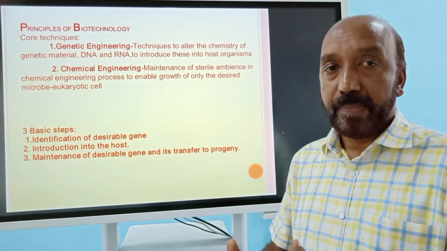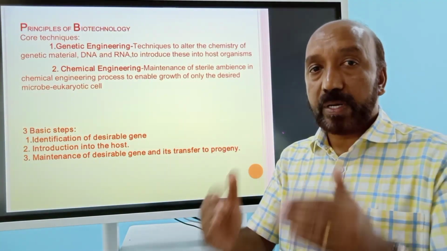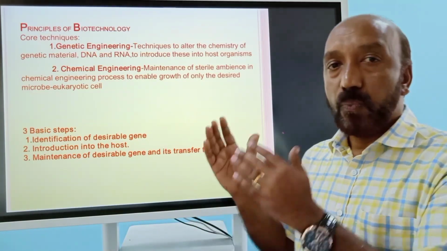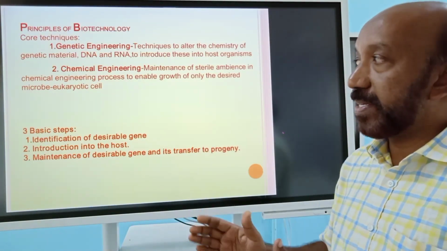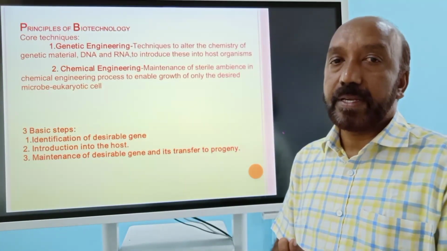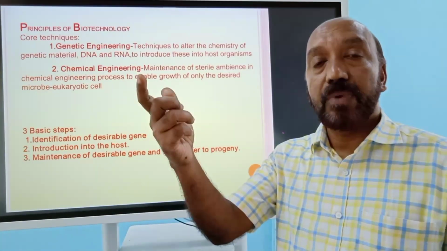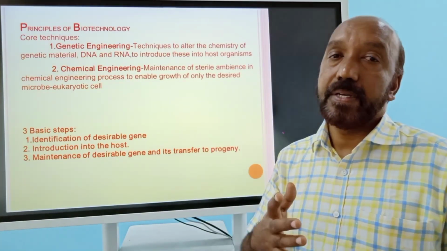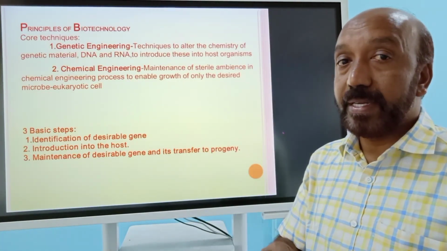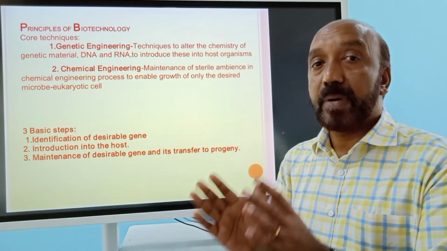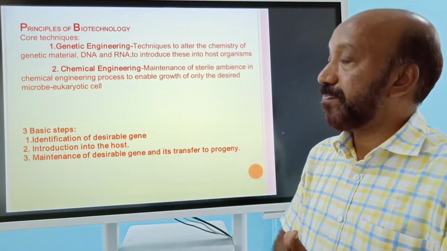After that, we want to get the product from the altered gene or the organism itself, for which we provide a sterile ambience in chemical engineering for the growth as well as getting the product of the organism having the altered gene. So genetic and chemical engineering are the two major branches or techniques that support the birth of biotechnology.